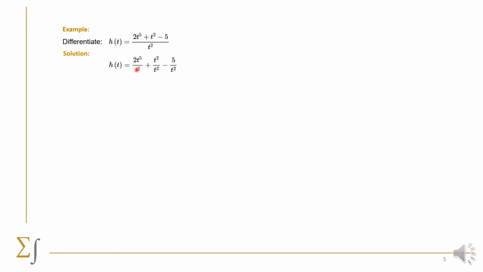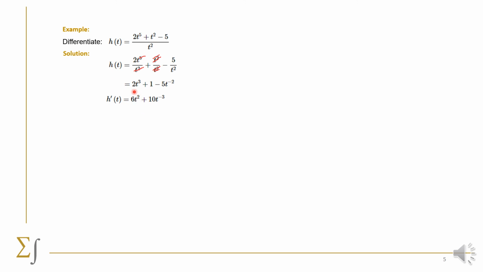So we have 2t power 5 over t squared plus t squared over t squared minus 5 over t squared, and we cancel the t squared with the t power 5. Also here we cancel the t squared with the t squared. So we are left with h of t equal to t cubed plus 1 minus 5t power minus 2. And we differentiate term by term.